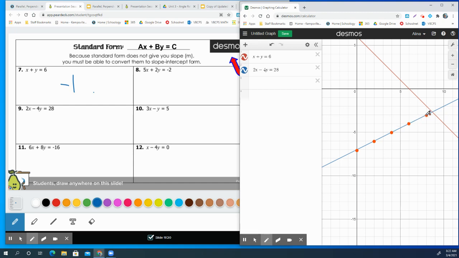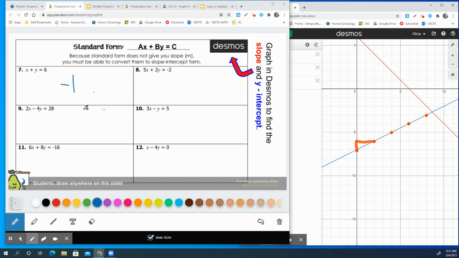What's the slope there between all those orange points? 1/2. Okay. How are we feeling about this? Can we put the equations into Desmos and find the slopes? Yeah? Okay.